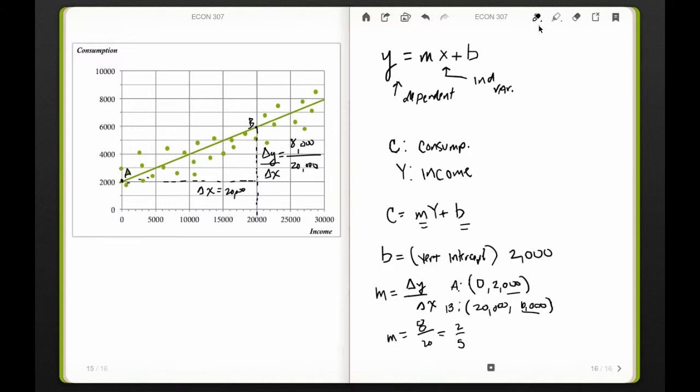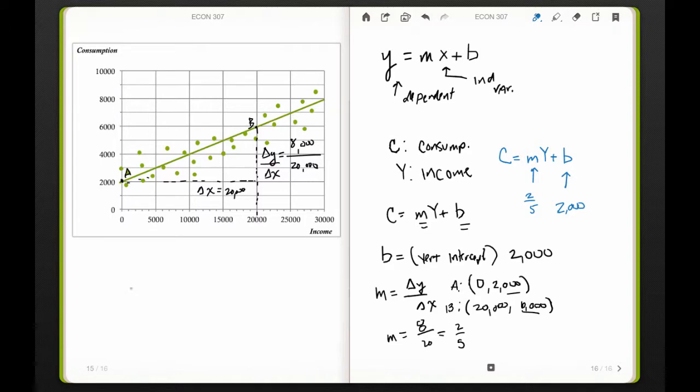So now I have, let's just make this really explicit here. I've got C is equal to mY plus b. And I have my m, I've calculated as 2/5, and I've calculated my b to be 2,000.